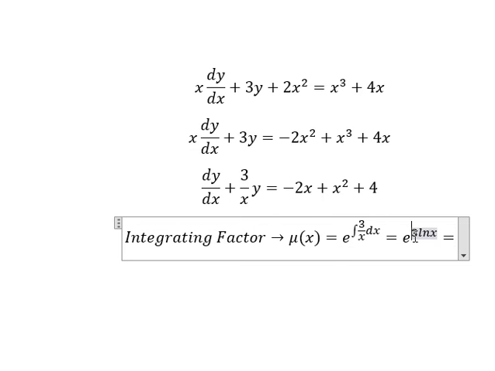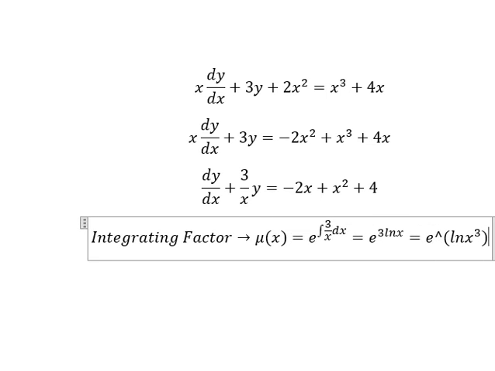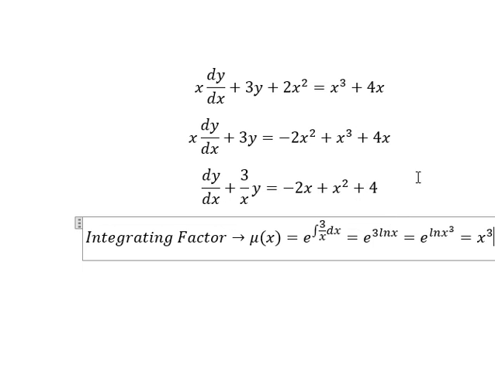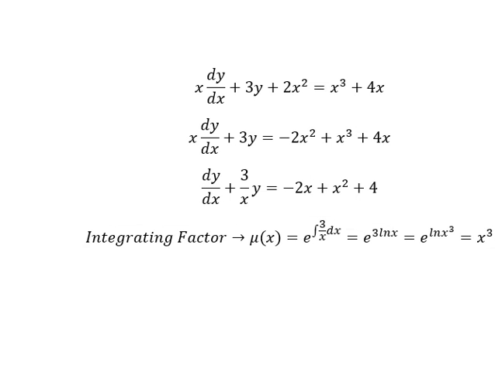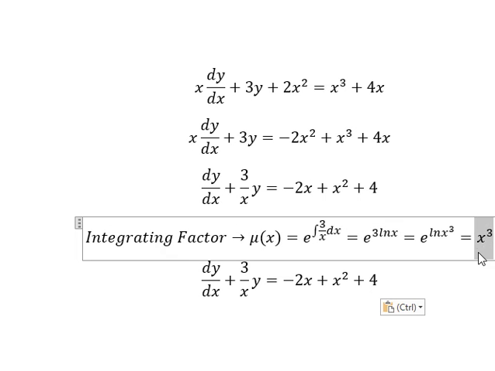Later, we put the number 3 inside the natural log here, and we have s to the power of 3. That means we multiply both sides by s to the power of 3.